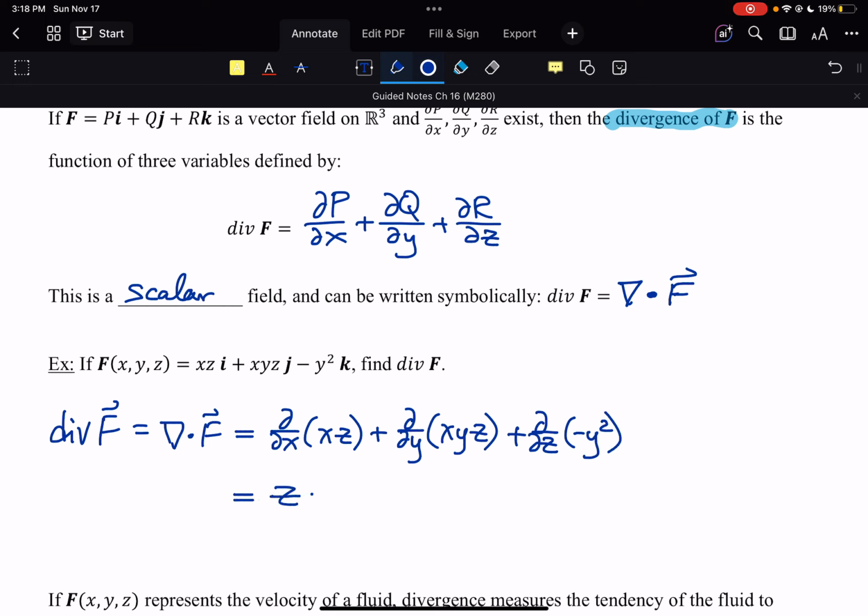This is Z plus XZ plus 0. And that's how we calculate the divergence.